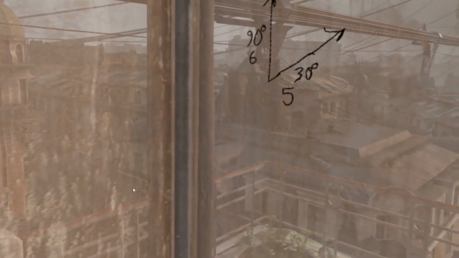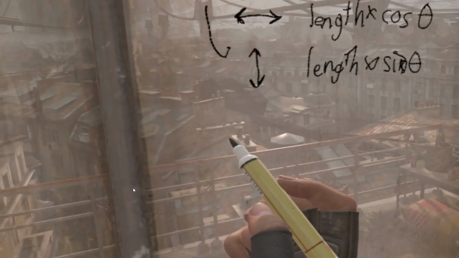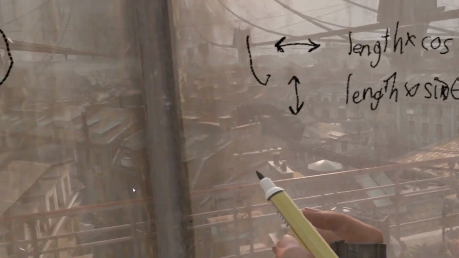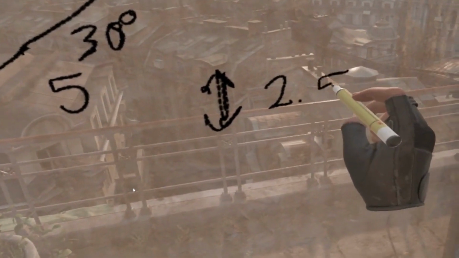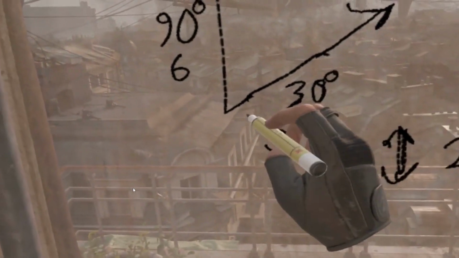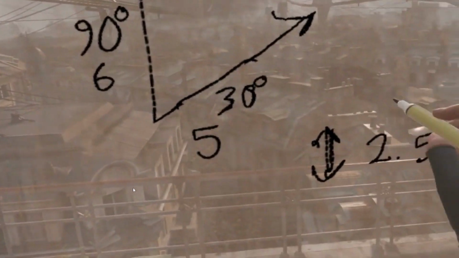Get the sine of 30 degrees, multiply that by 5. We're going to get the vertical of this one, and that's 2.5. So the height value starting from here up to there is 2.5 tall.